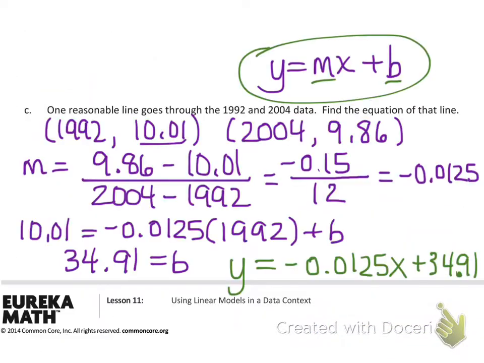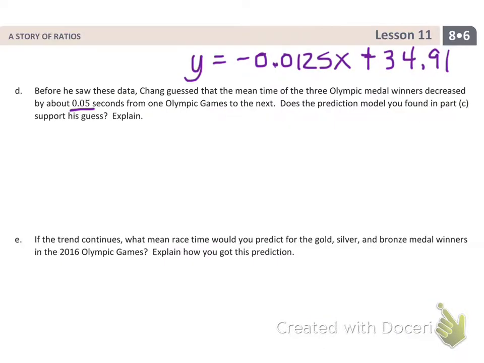Okay, let's go back and think about our slope once again. So what's happening is that for every change of 1 year, the mean time decreases by 0.0125 seconds.